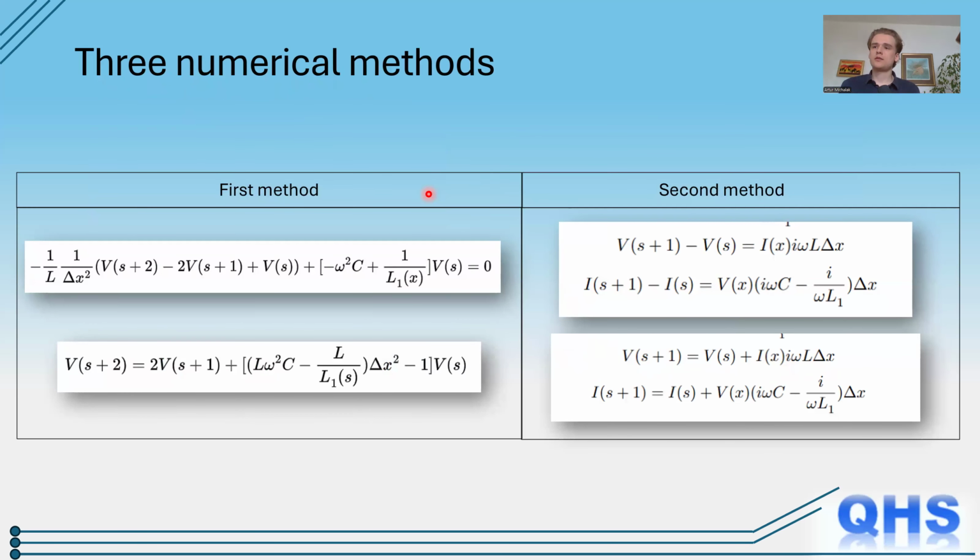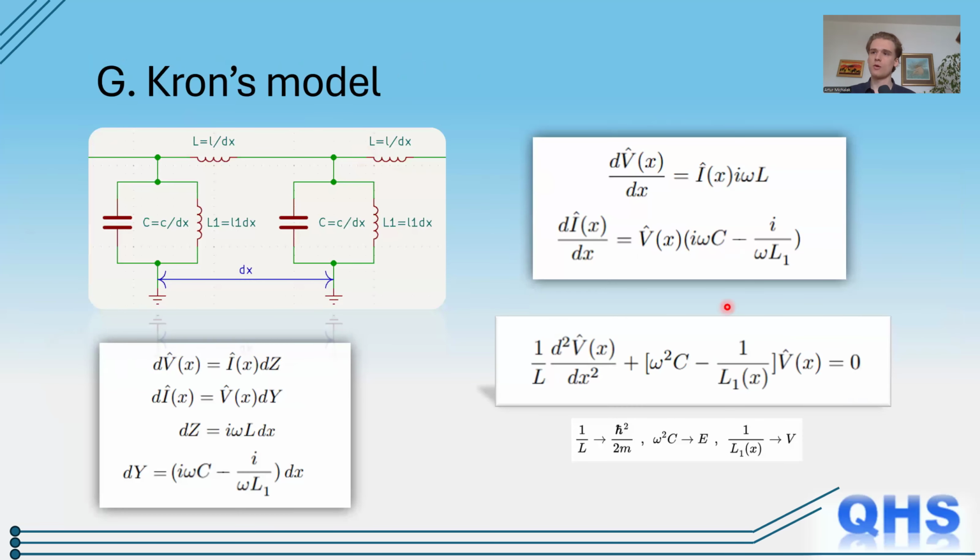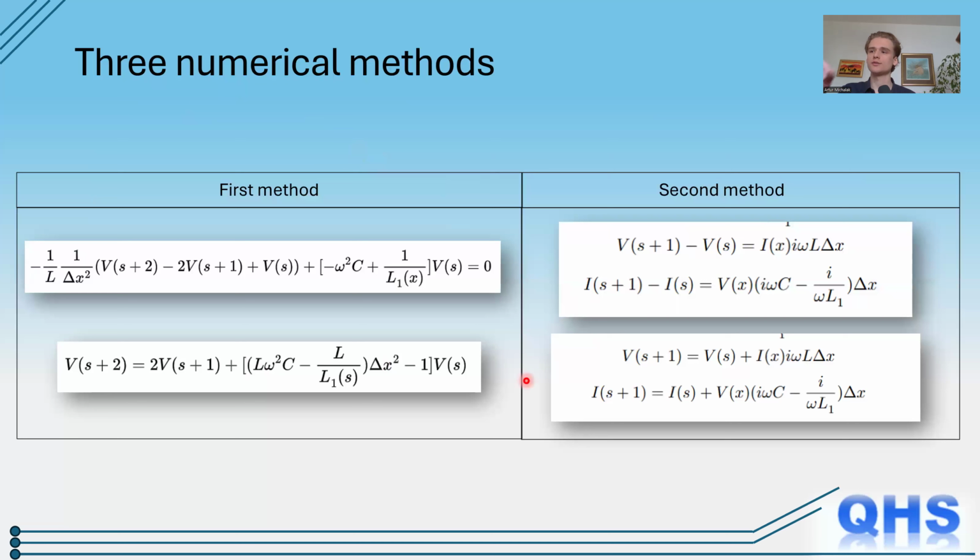In all three methods, we use Euler's method, representing the derivative in discrete form, as the basis of our numerical solution. In the first method, we rewrite the equation from the previous slide in Euler's method, in discrete form.